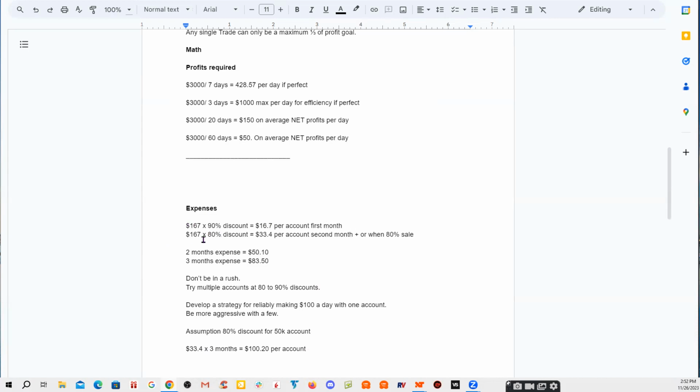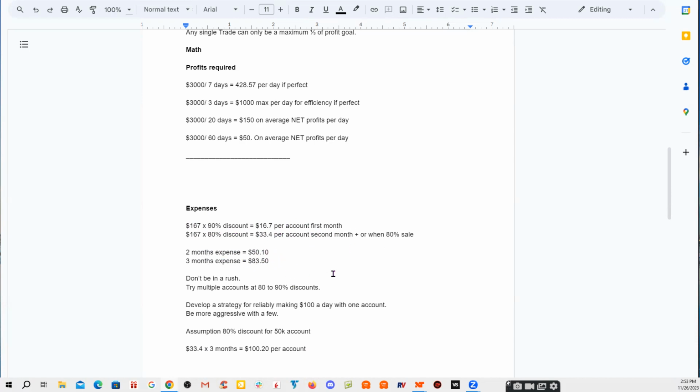On the expense side, if we take a 90% discount, it's going to cost us 16 and change for the first month. And then for the second month or third month or fourth, whatever, it's going to obviously increase the cost of that. So a 2-month expense is going to be $50, and a 3 months expense is going to be 83.